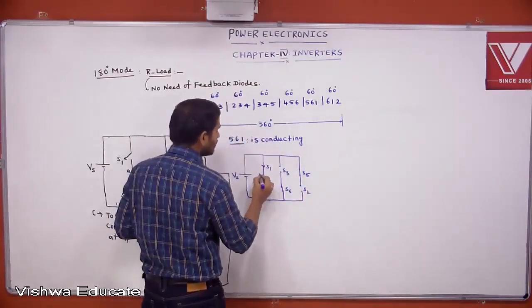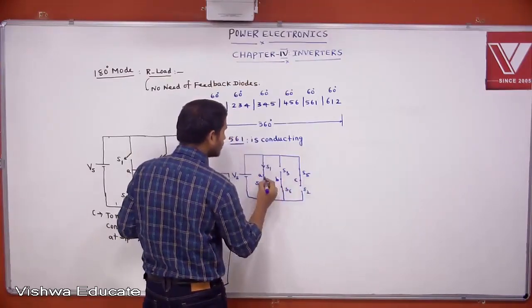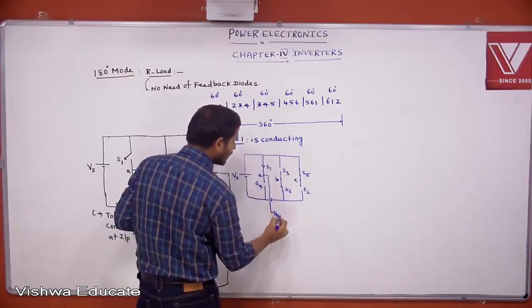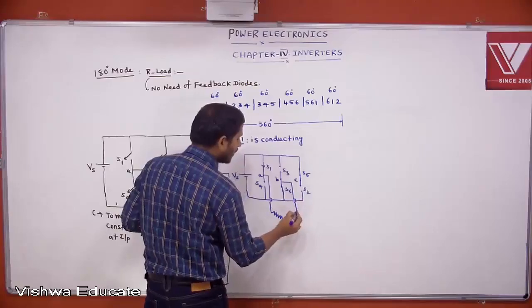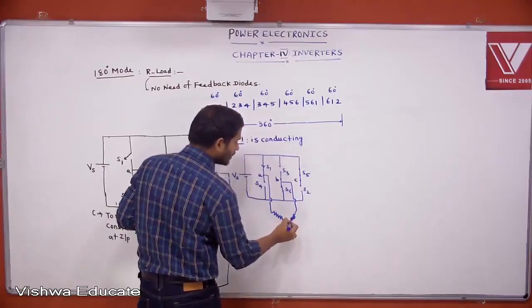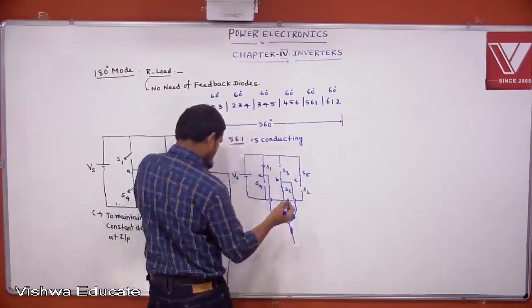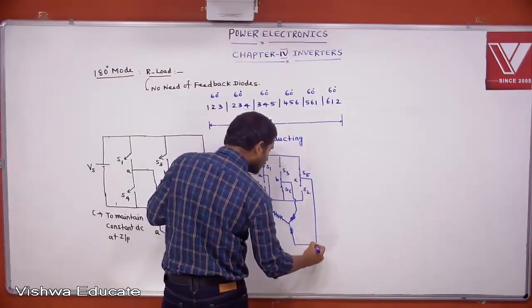Yes, this is A phase. This is B phase. This is C phase. I am drawing the equivalent circuit if 561 is conducting. All of you follow parallelly. All of you draw this circuit. Don't wait.